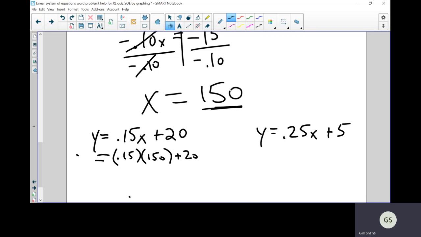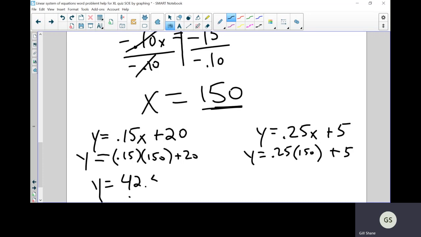That's going to be my total, which is y, total cost. So grab a calculator for this. So 0.15 times 150, and I'm just going to do all the math at one time, plus 20. All right, so this gives me y equals 42.5.